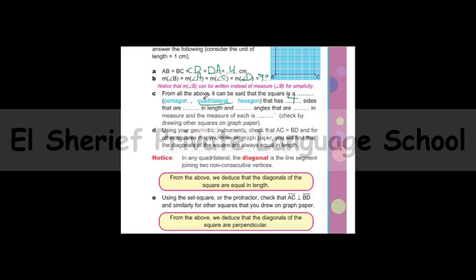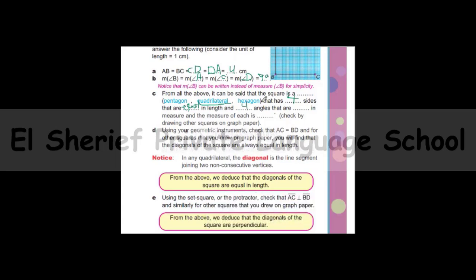As we said before, all sides in squares are equal in length, and all angles in square are equal in measure, equals 90 degree, and they are right angles. And blank angles. So how many angles are there in square? Yes, 4 angles, 4 sides, 4 vertices in square.